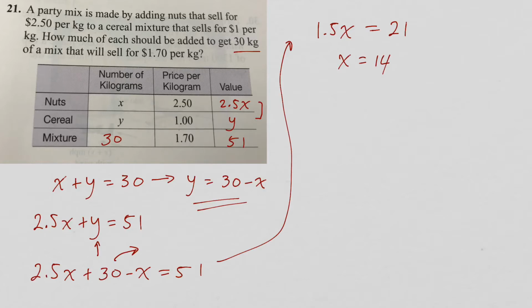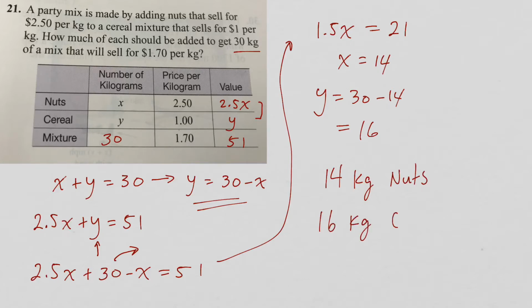Since Y is equal to 30 minus X, which is 16. So we have X stands for the number of kilograms of nuts. So 14 kilograms of nuts and 16 kilograms of cereal.